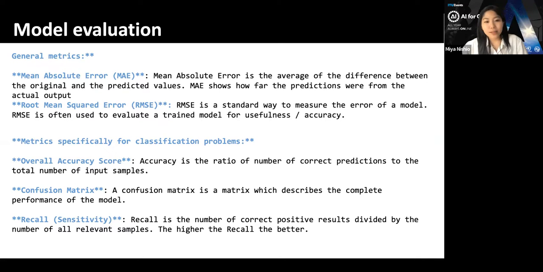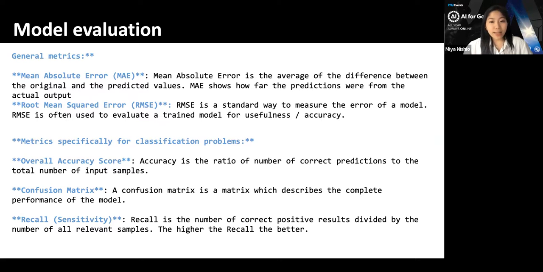And then we have metrics that are specifically for classification problems. Our overall accuracy score is the ratio of the number of correct predictions to the total number of input samples. And then we have the confusion matrix. A confusion matrix is a matrix which describes the performance of the model. Each row of the matrix represents the actual class, and each column represents the predicted class, or vice versa.